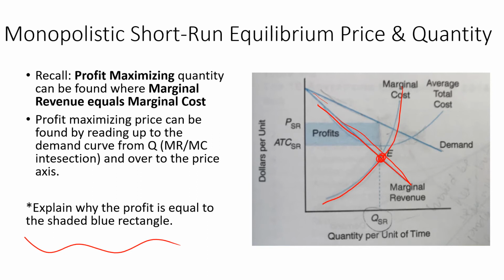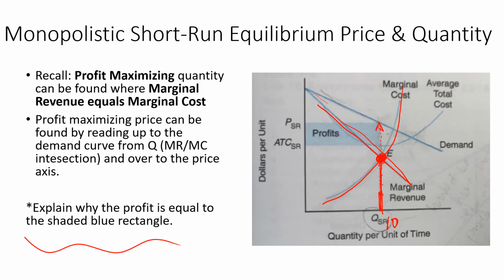So where those 2 points meet each other is at that red dot. And so this is the quantity that we are going to produce, and I said that was 10. So we got to first find that dot, then we got to follow it down to figure out the quantity that's going to be produced. Then we got to follow it up at that quantity. How much can we charge?